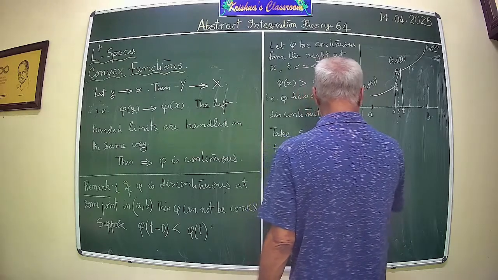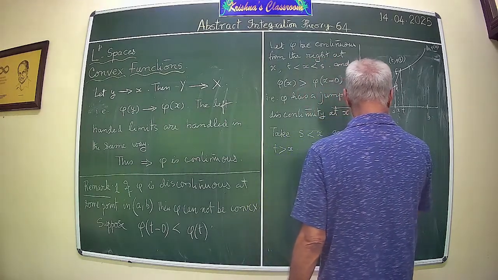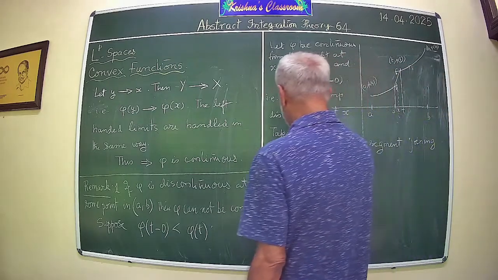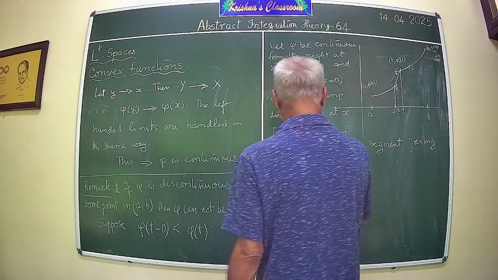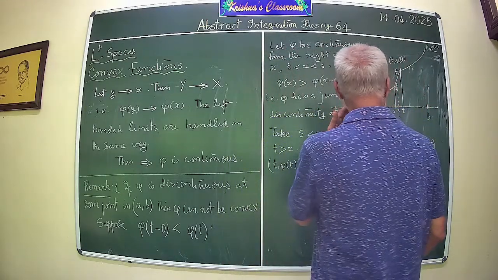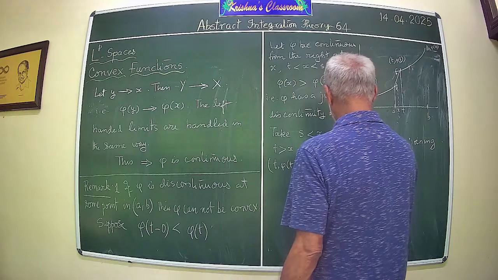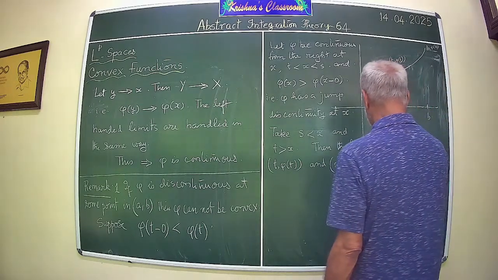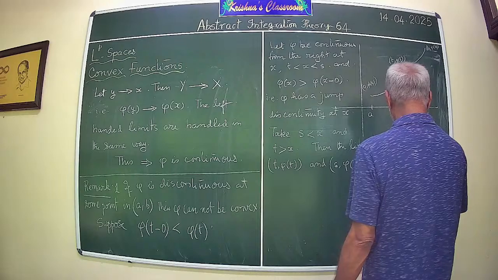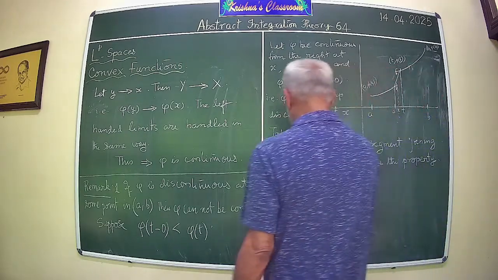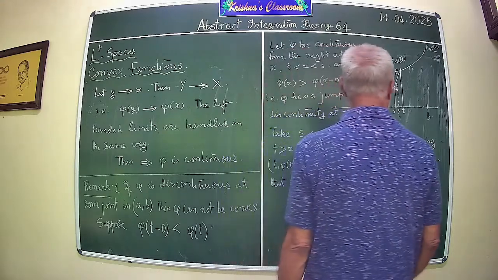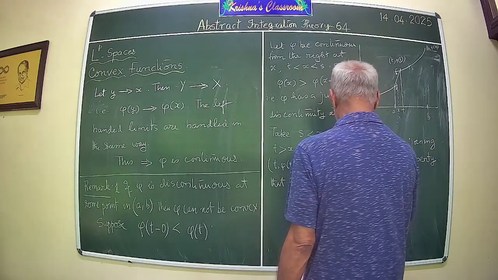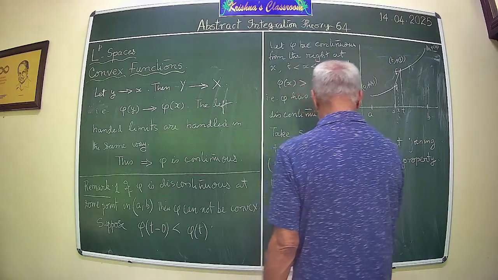The line segment joining t, phi t and s, phi s has the property that phi at x is above the line.